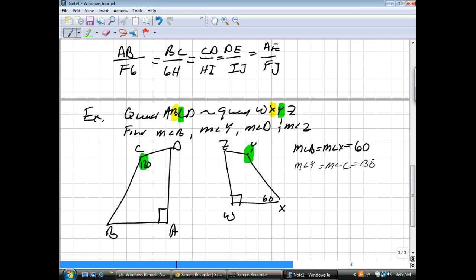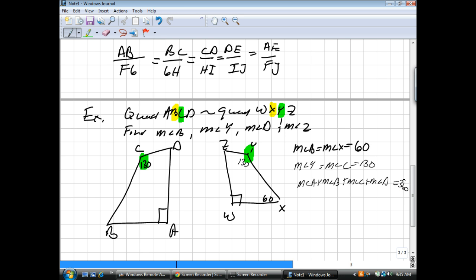And we know that the angles of a quadrilateral add up to 360 degrees. So we know measure of angle A plus measure of angle B plus measure of angle C plus measure of angle D has to equal 360.